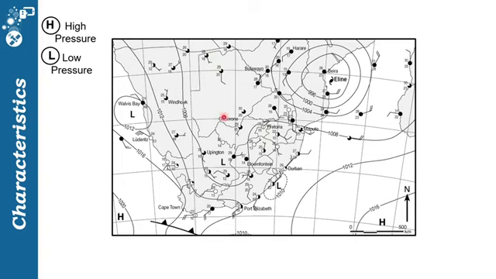The temperatures at most of these weather stations are high. So because of the high temperatures, because it's hot, we have a heat low. Air is busy rising, resulting in a low pressure cell, and we have this heat or thermal low over South Africa. Later on in the session, we're going to see how this is one of the things that tells me that this is a summer map.